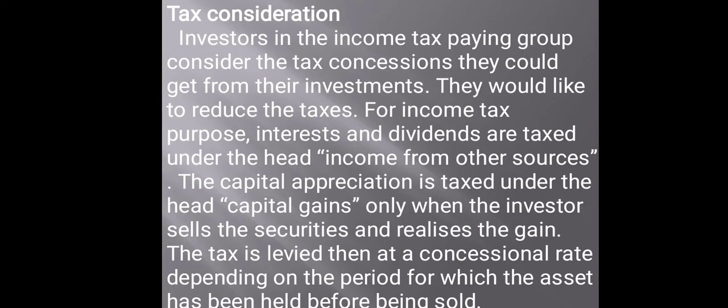The capital appreciation is taxed under the head capital gains only when the investor sells the securities and realizes the gain. The tax is levied then at a concessional rate depending on the period for which the asset has been held before being sold.